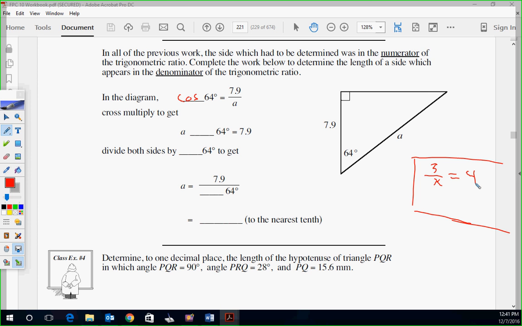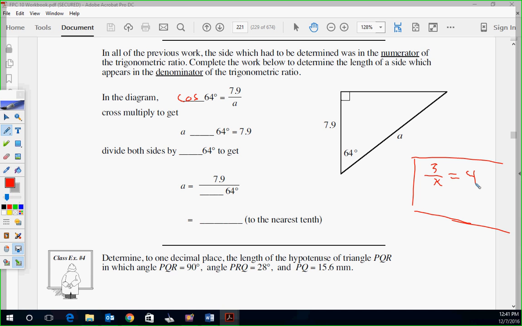So if I times the x over, what am I going to do next? Divide the 4. See, they switch spots there. So if you want to, not a shortcut, but just know that's what happens, you don't have to show those steps every time. So what I'm telling you here is essentially the cosine 64 goes here, the a goes there. They switch spots.